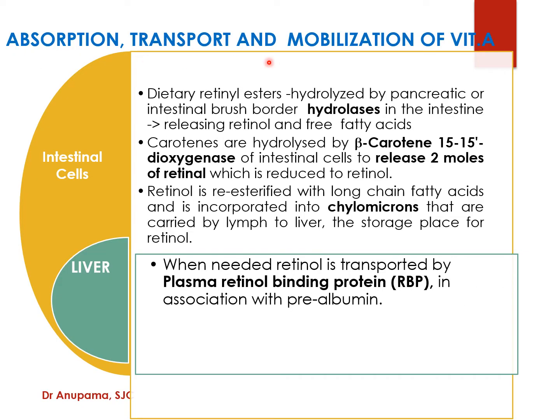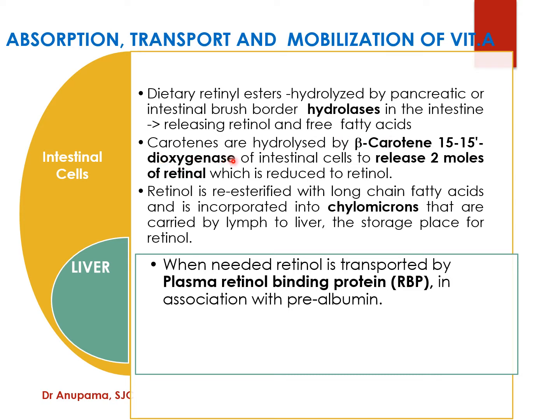Absorption, transport and mobilization of vitamin A. In the intestinal cells, retinyl esters are hydrolyzed. The dietary retinyl esters are hydrolyzed by the pancreatic or intestinal brush border hydrolases in the intestine. These release retinol and free fatty acids.